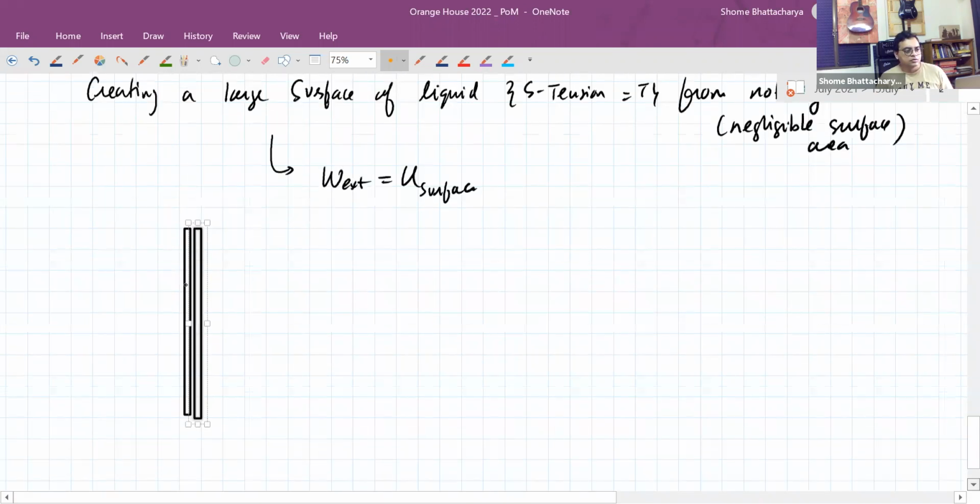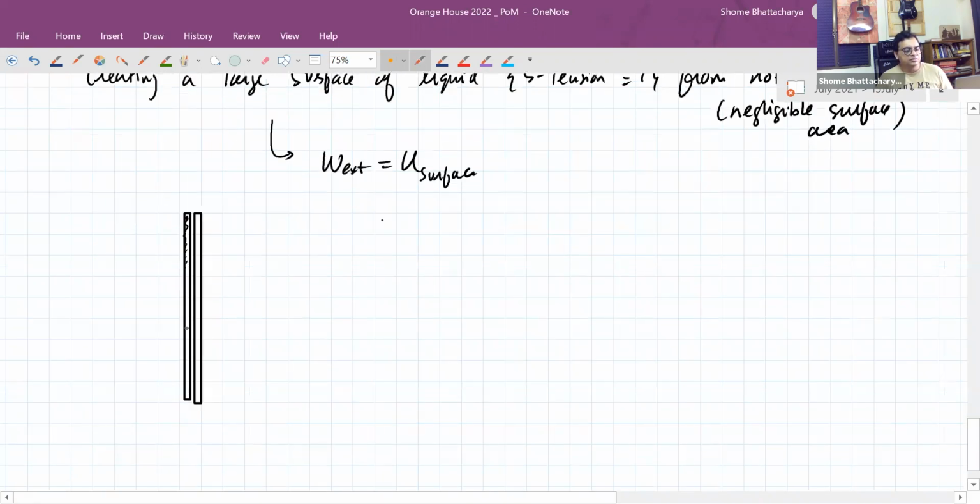So, roughly the same size, two thin glass rods, very close to each other, you place them. And now you put some droplets of liquid in between them.